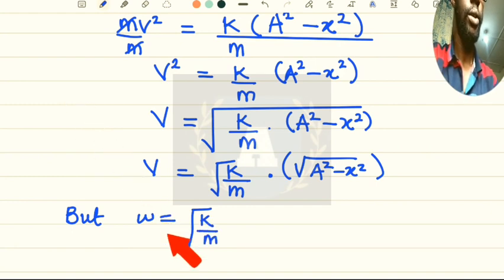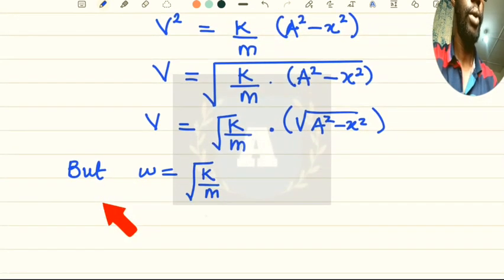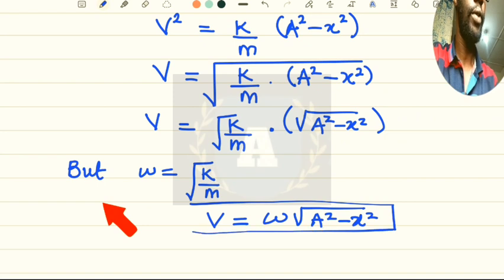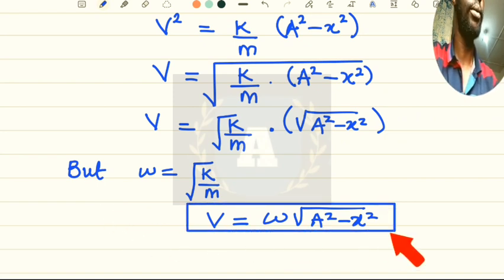So we can substitute that in this equation. We have that velocity is equal to angular frequency multiplied by the square root of a squared minus x squared. This equation is very, very important when it has to do with simple harmonic motion.